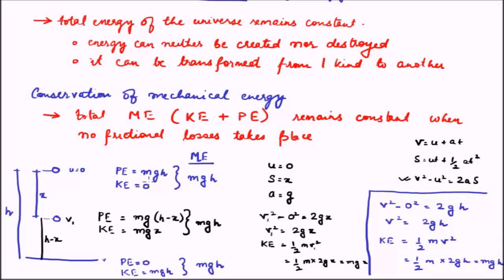Now let us try to plot this whole phenomenon and graphically represent what is happening here. The plot for the energy versus the distance from the ground for the falling ball can be shown like this.